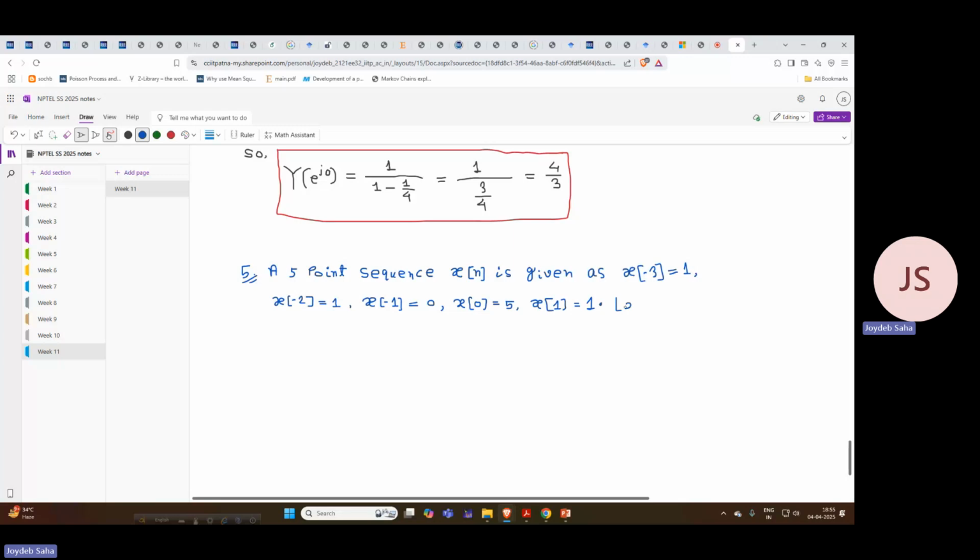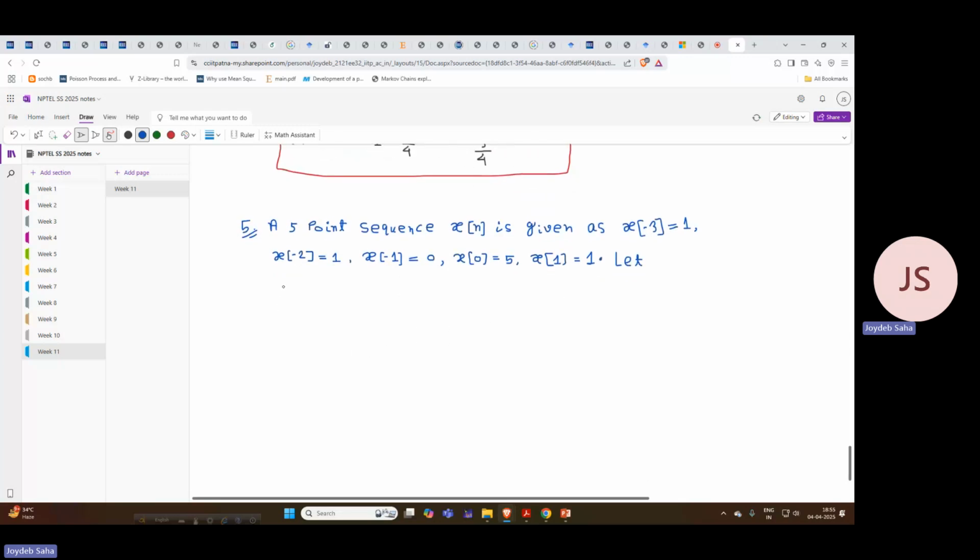Let X of e to the power j omega denote the DTFT of xn.